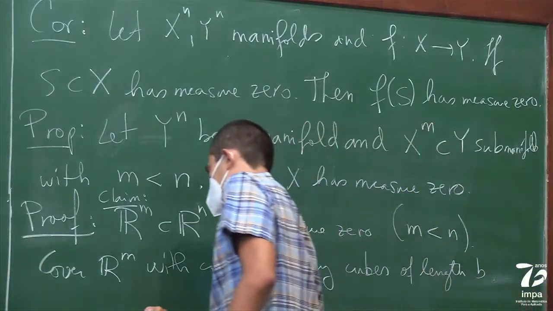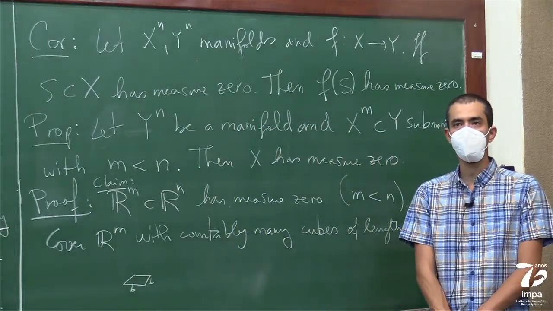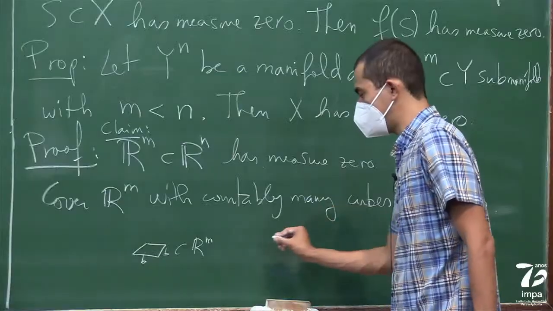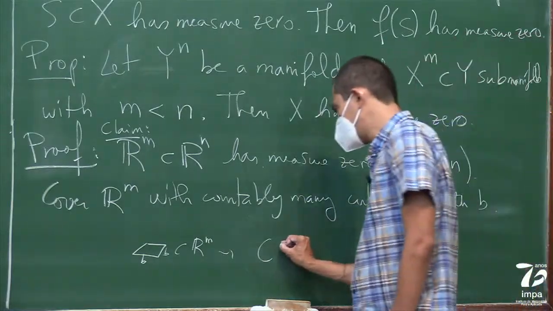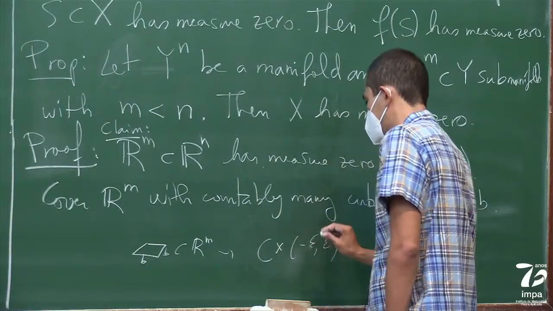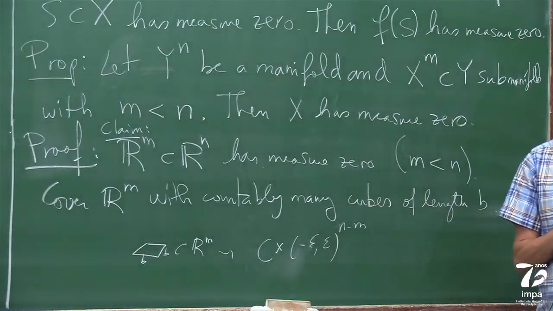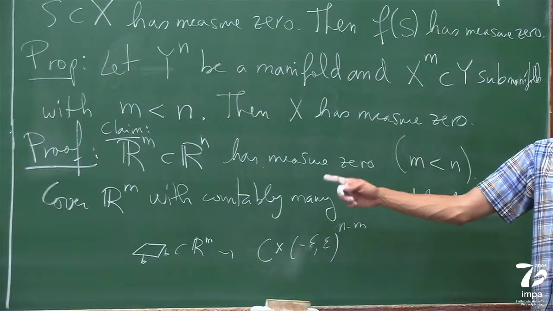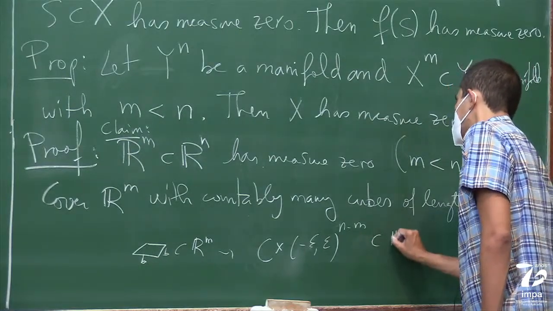Okay, so here's a cube where the sides are all length b in Rm. So let's take such a cube. Let me call this cube C. And what you can do is you can now multiply C by minus epsilon to epsilon, to the n minus m. Okay, so you can fill up the other coordinates like this. So now you have a cube in Rn.